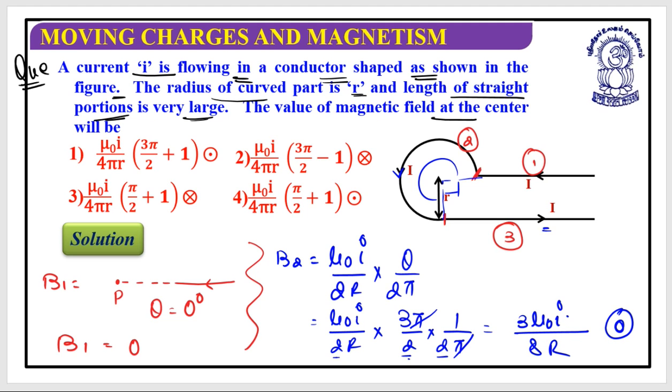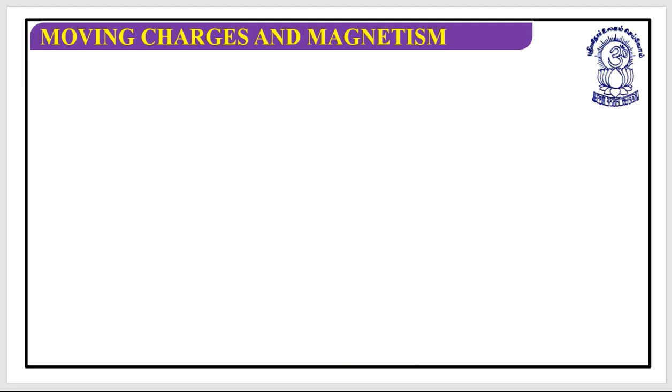Now the last part, the third segment. This is the point P where you require a magnetic field, and this is the wire. We can say that this is the radius R. From this side the angle alpha equals 0, and beta should be equal to 90 degrees.